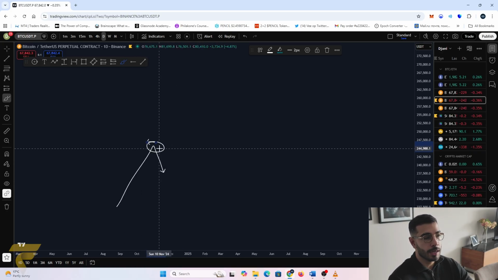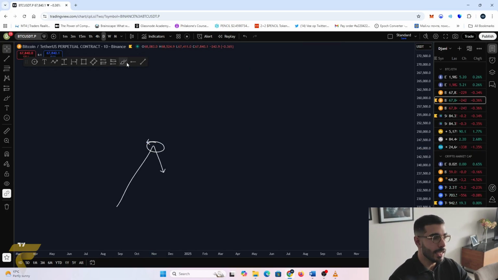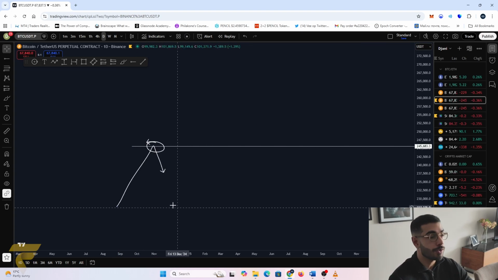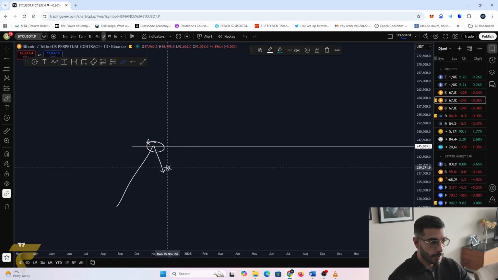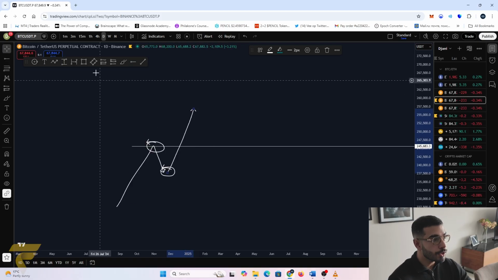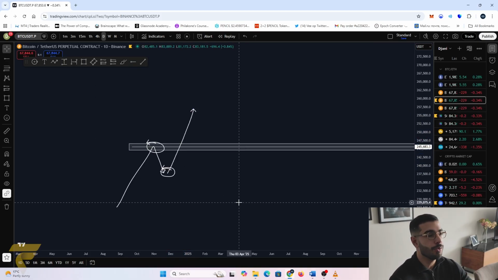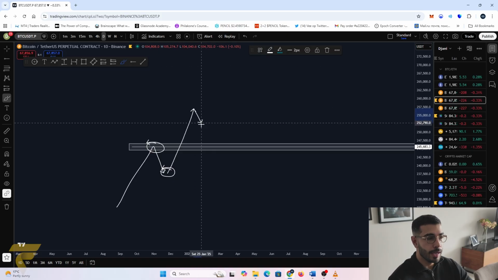So let's just say, hypothetically speaking, this would be a ceiling. This would be a resistance level where eventually price just rejects from and price goes all the way a bit lower. However, at some point, we happen to find some support and we break out of it. So this initial ceiling or resistance zone or level is eventually going to be flipped into support.